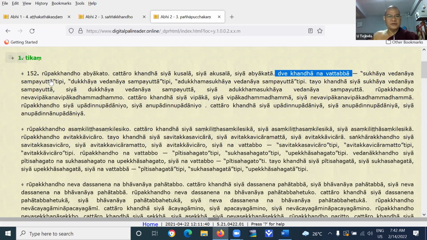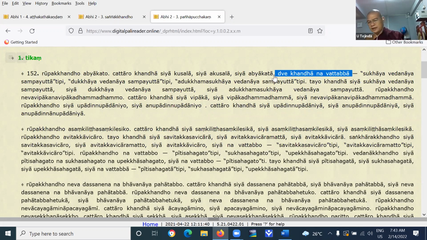Sukhaya vedanaya sampayutta tipi, dukkhaya vedanaya sampayutta tipi, adukkhamasukhaya vedanaya sampayutta tipi. So we need to know the two khanda that cannot be said.